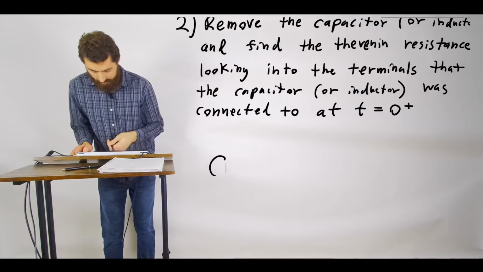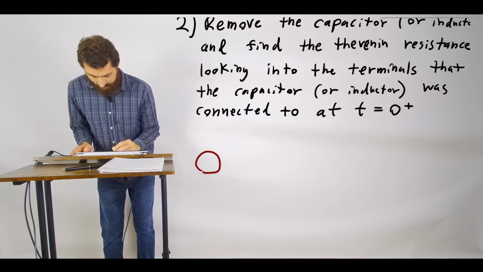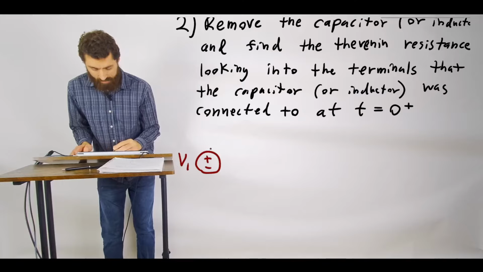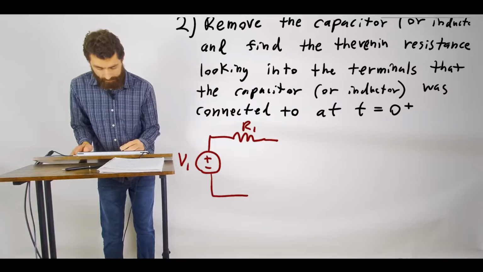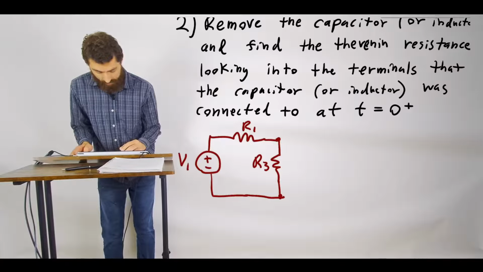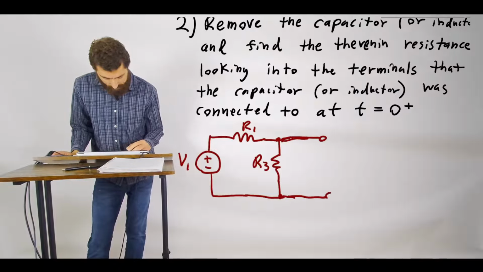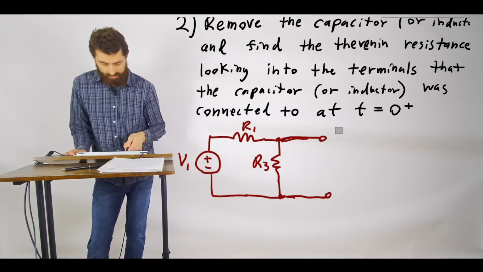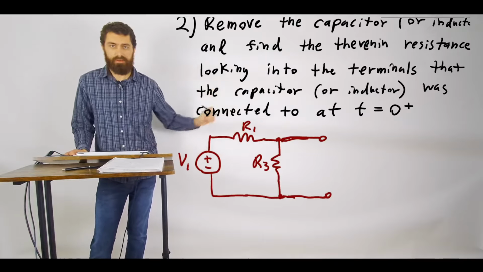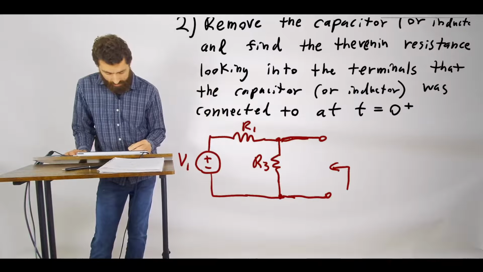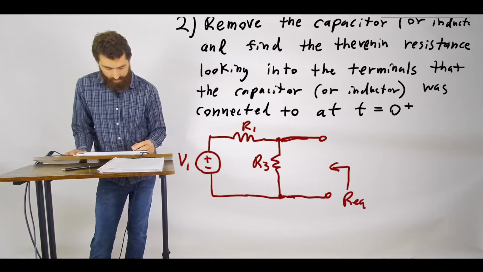So we have our V1, we have our R1, and then we have our R3, and then we want to remove this here. So we disconnect the capacitor, and then ask what R Thevenin is here.